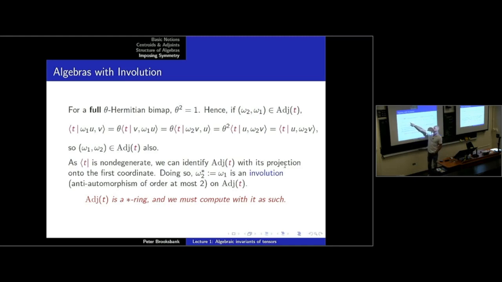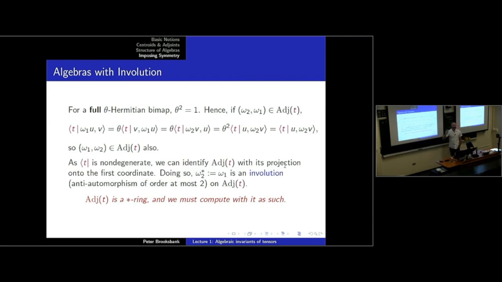And then I'm just going to trace through using properties of Hermitian, the fact that theta squared is equal to 1, and then Hermitian again. And what you see is that omega 2 comma omega 1, is also, oh, sorry, I did have it right the first time. Omega 1, omega 2 is also going to be an adjoint of this bimap.